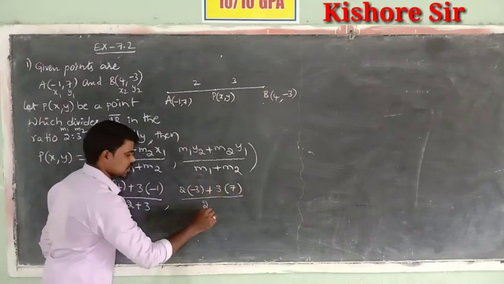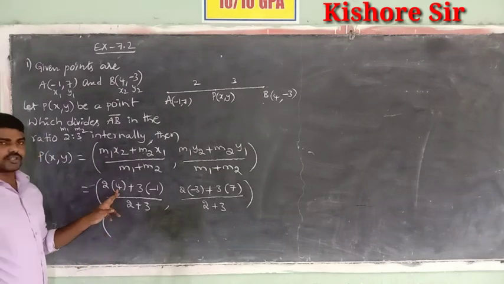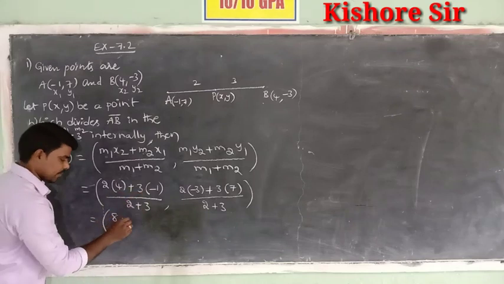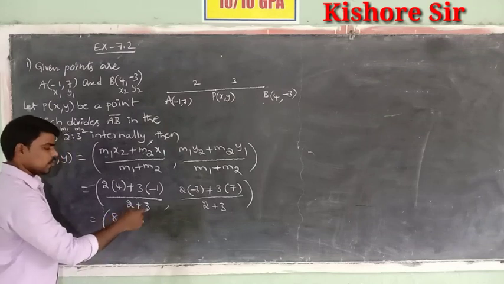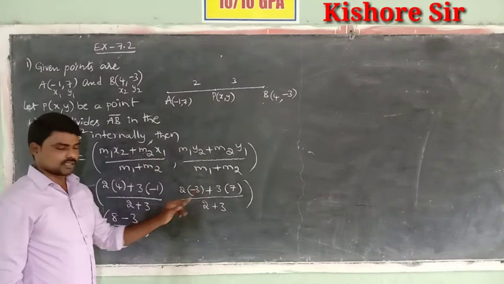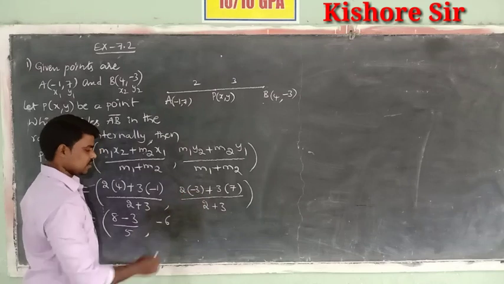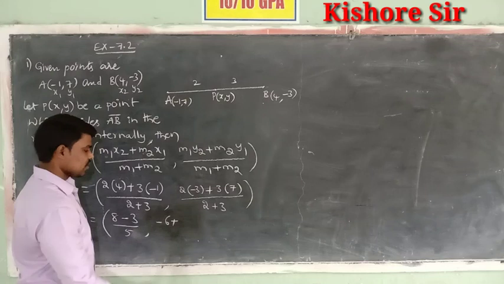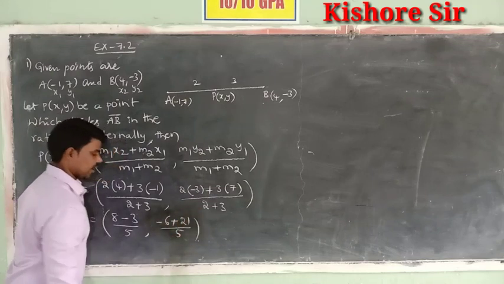So that equals 2 4s are 8, plus 3 into minus 1 is minus 3, by 2 plus 3 is 5, comma, 2 into minus 3 is minus 6, next, plus 3 into 7, 3 7s are 21, by 2 plus 3 is 5.